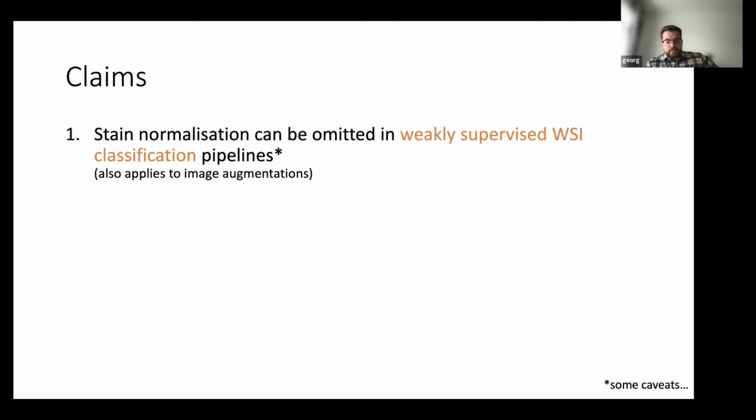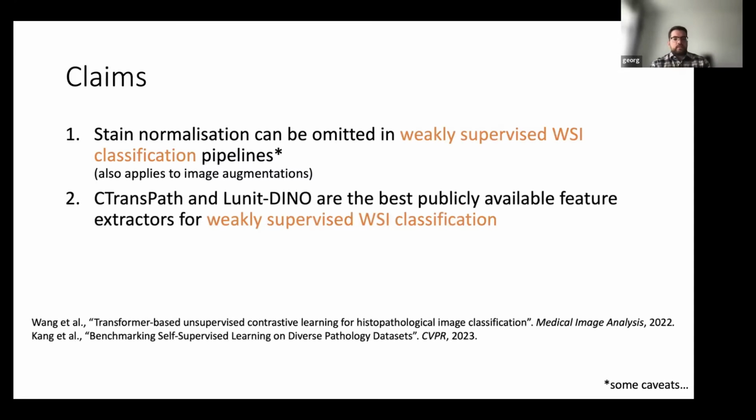I will specify what I mean by that in a second. And secondly, that CTransPath and Lunit-DINO, which are two feature extractors, are the two best publicly available feature extractors that we currently have. The emphasis here is on the publicly available bit.